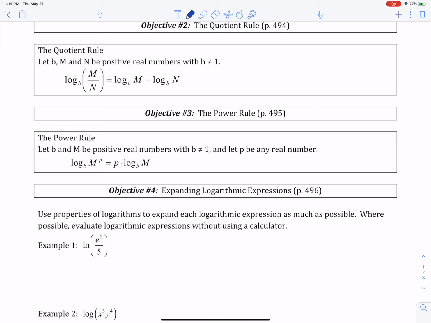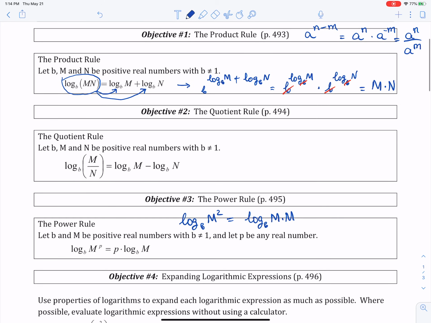Imagine this is logarithm base b of, let's say, m squared, because it's easier. This means that's logarithm base b of m times m. Well, based on the first property, logarithm of a product reflects in a sum of two logarithms.